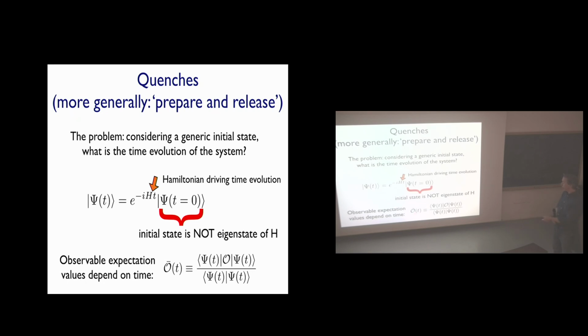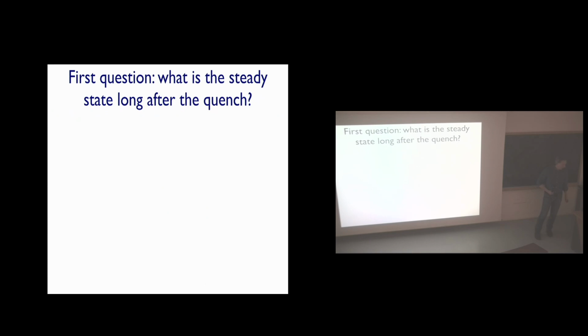These objects will generically have a time dependence such that at first there's very rapid dephasing, very rapid change, and then stabilizing to something that it's going to be our task to compute. So the first question that you might ask is how does the system stabilize and what does it stabilize to? And in this context, the literature is really quite extensive.